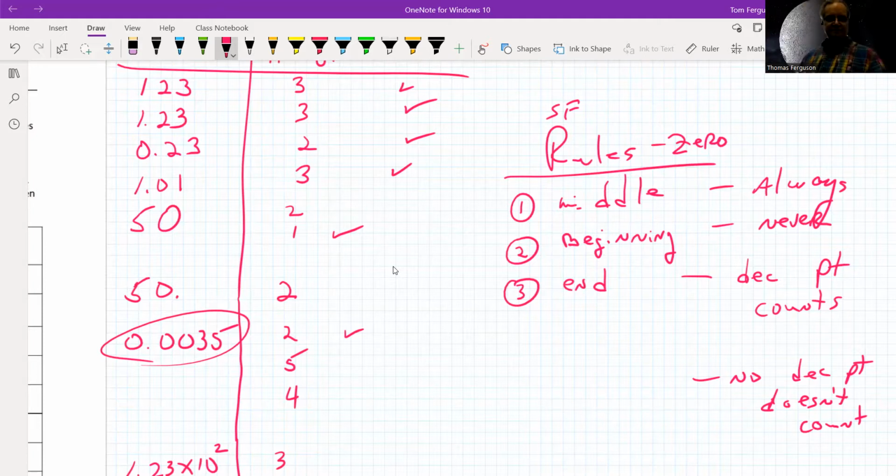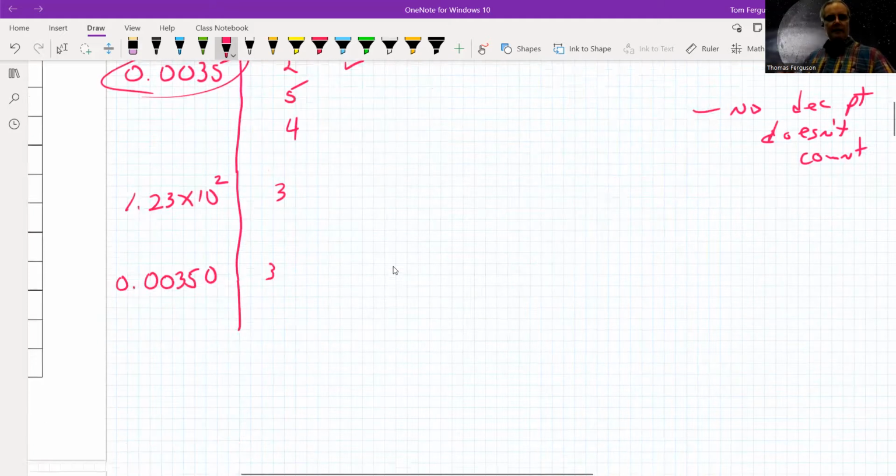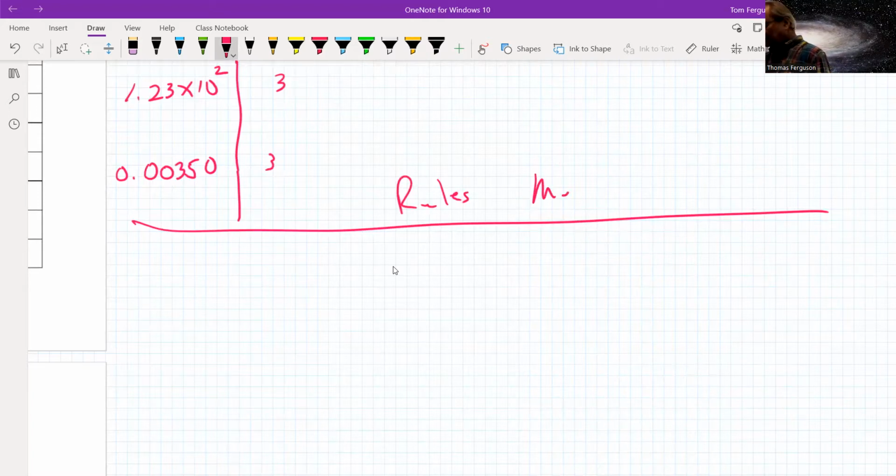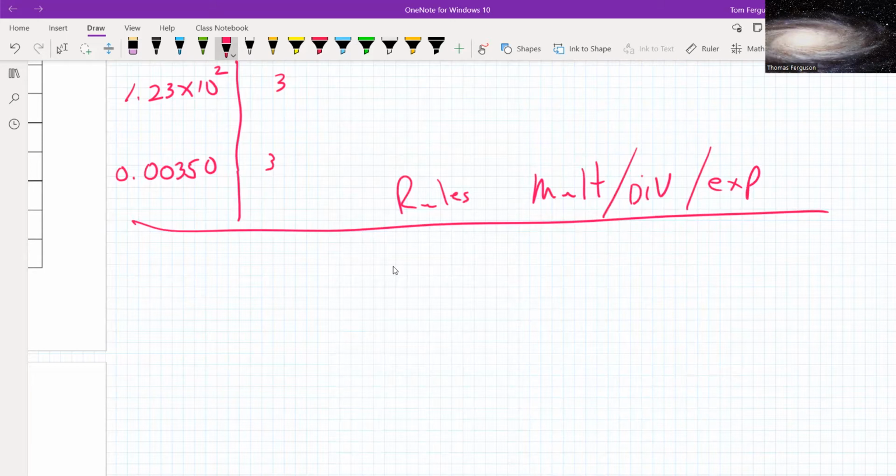Okay, so now we have some rules for significant figures. Now, that doesn't do anything as far as being practical. So say we're in a lab and we're having to do some multiplication. That's multiplication, division, exponentiation.